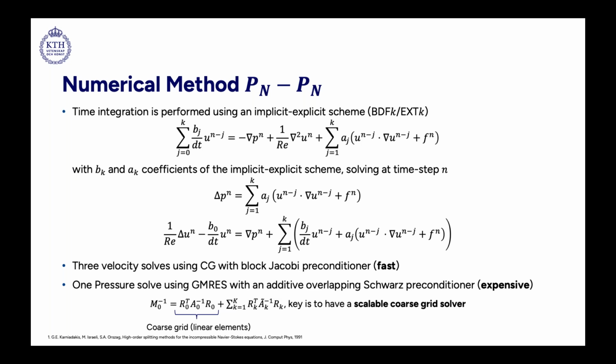This is very fast, both numerically and also very scalable. So that is very difficult to improve. The next thing is the pressure solver, which is using a GMRES method with an additive overlapping Schwarz preconditioner. This is, of course, the expensive part. Pressure is always expensive. So you need a very efficient preconditioner, and this additive overlapping Schwarz preconditioner is very efficient.